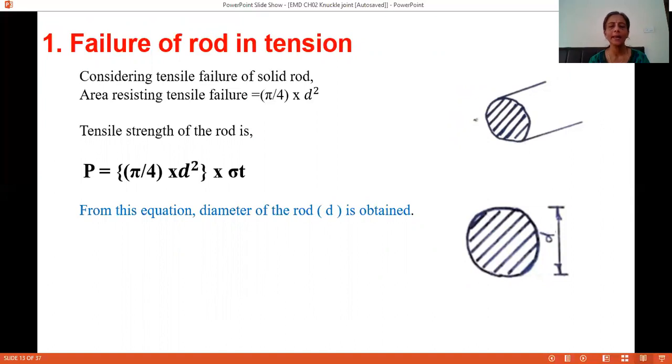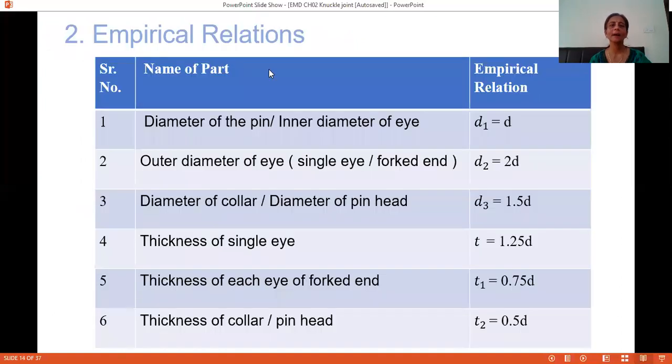We can easily make the equation of area resisting failure as pi by 4 into d square. So tensile strength of the rod is pi by 4 d square into sigma t. From this equation, we can find the diameter of the rod. Second step is empirical relations.